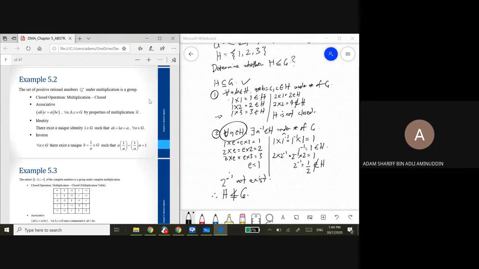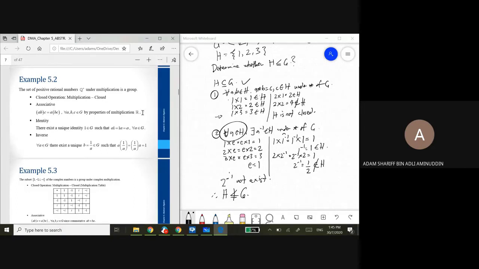Under my supervision, when I coordinate this subject, I will focus more on the set of integers. If you don't know integers, that's a problem. But because this is discrete mathematics, we talk about integers from chapter 1, and chapter 2 also has many integers. So don't worry too much. Focus more on the set G that I taught in the video lecture.